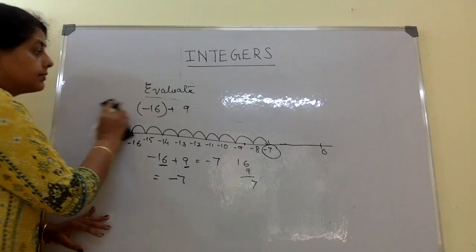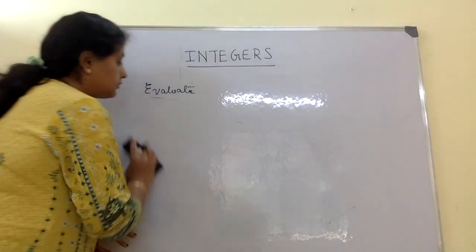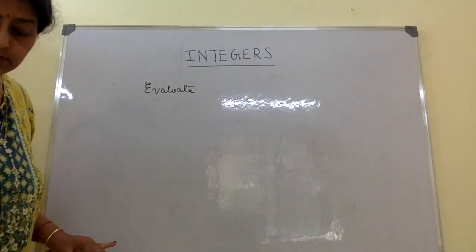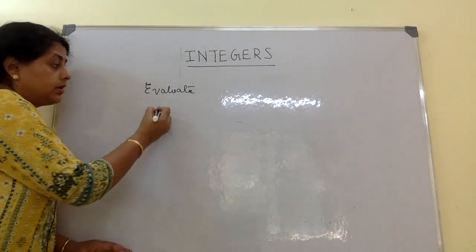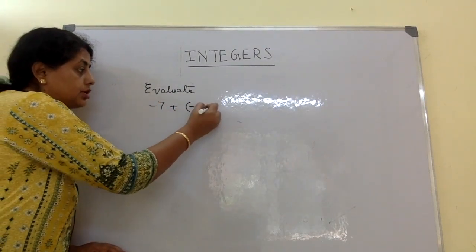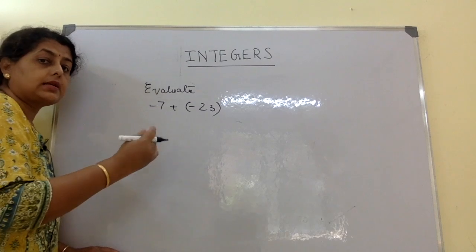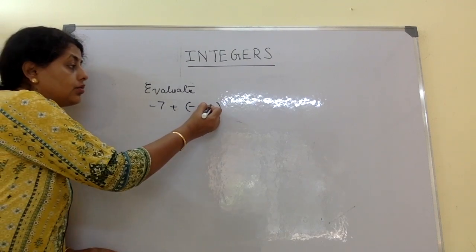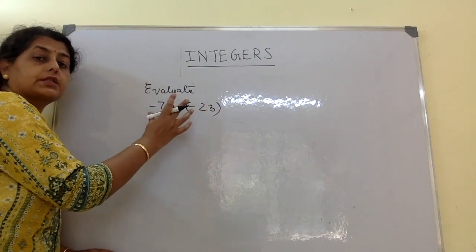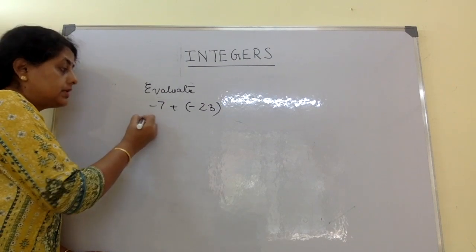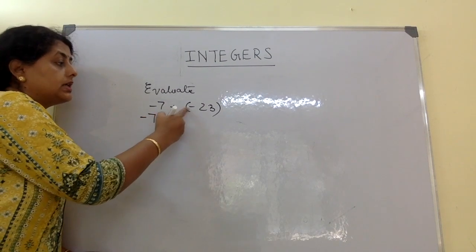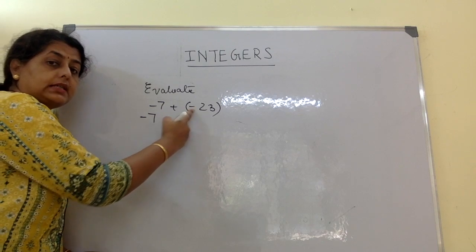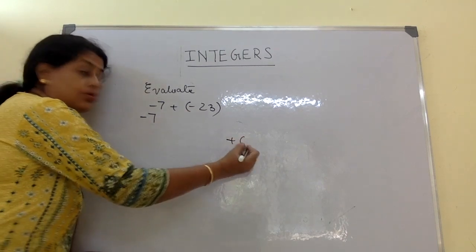Let's take another sum. Minus 7 plus minus 23. This time the difference is there are two negatives. One is minus 7. Plus into minus, you have to multiply the signs when they have no number in between.